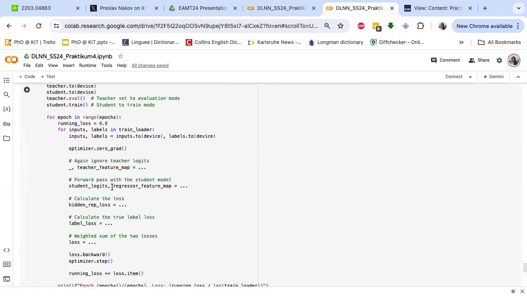And again, we have to modify the training loop where we need to extract the feature map from the teacher, the same from the student, and then calculate the hidden representation loss. Here we would use mean squared error because the two vectors now are exactly the same size, so we can just use mean squared error for the distillation loss. And again, calculate the normal loss and weight them together and do backpropagation.